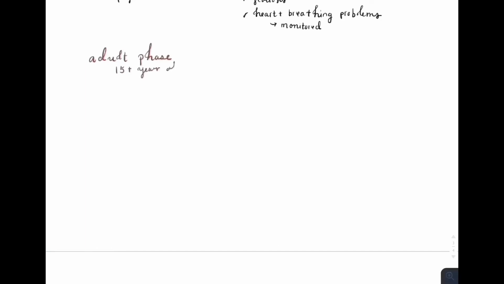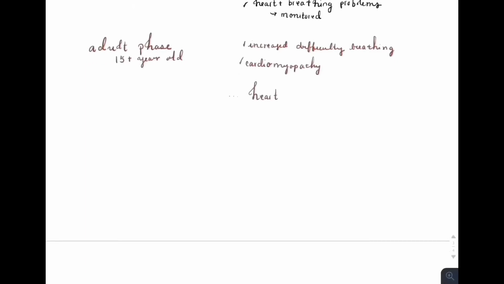In the adult phase, which is from 15 years old and up, they begin to have increased difficulty breathing and have more serious signs of cardiomyopathy, which often leads to heart failure. DMD patients typically only live up to 30 years old.